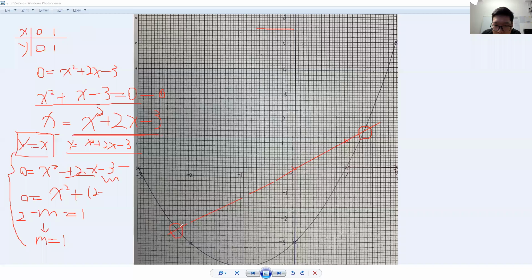Okay, these 2 points. So you read the x value. So you have one x, you have a second x. You read the x coordinate. It will be the two solutions for this original equation, x² + 2x - 3.